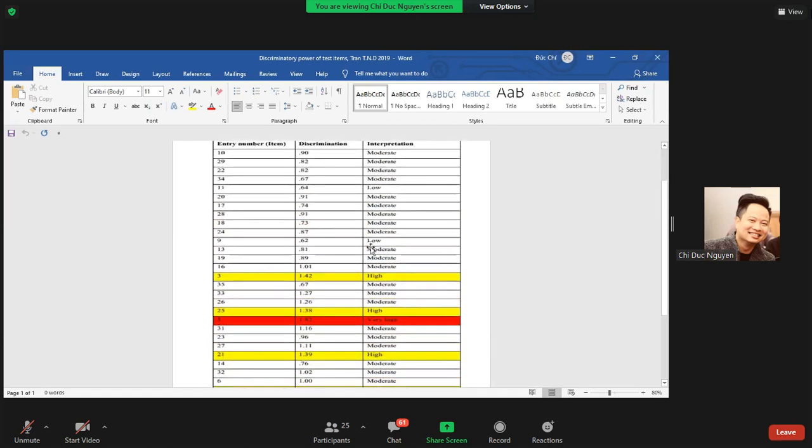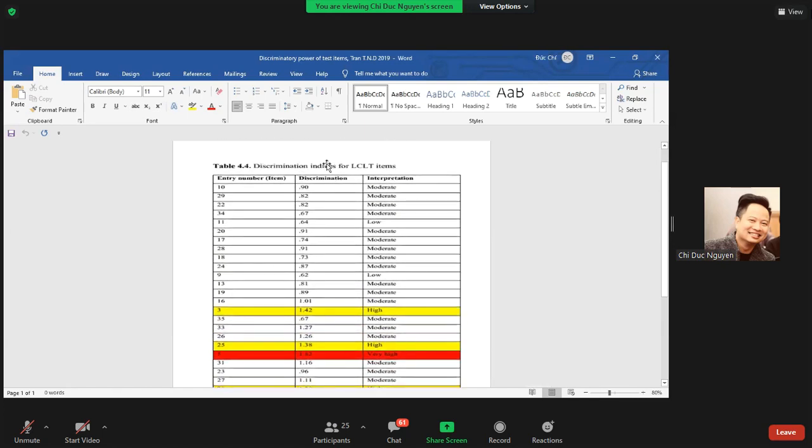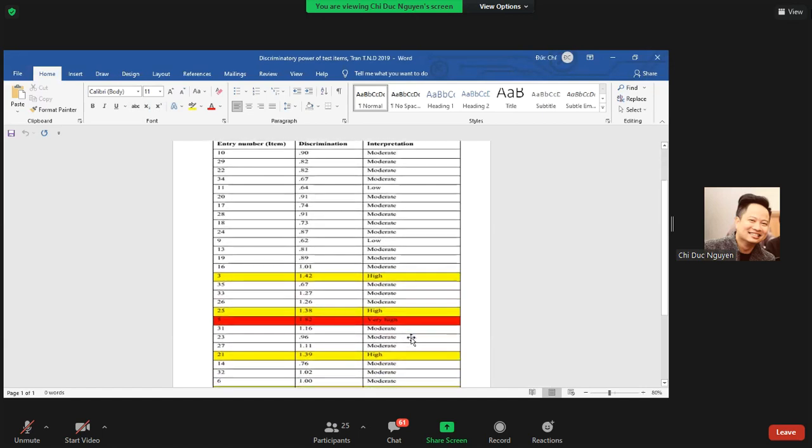We have only 2 items, item number 9 and item number 11, that have very low discrimination indices. And the 32 other items have either moderate, high, or very high discrimination power.